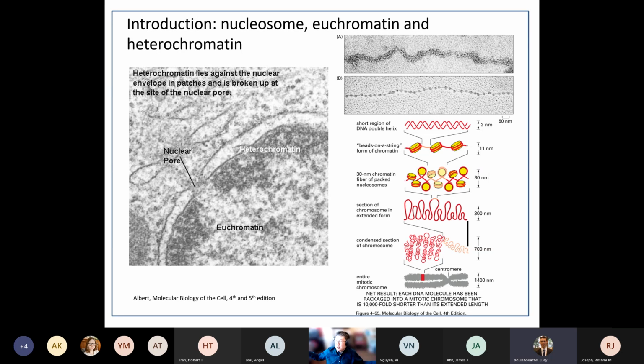But once you wrap them around, those seemingly far apart genes will get recruited to the same region and get repressed by the same mechanism. Gotcha.